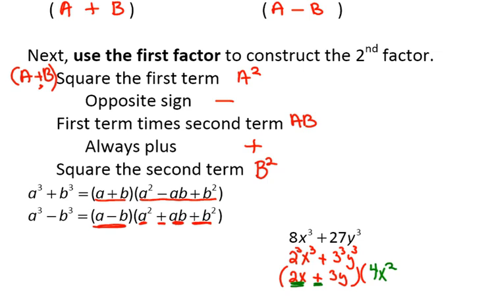Whatever this sign is, I'm going to use the opposite, so there's going to be a minus. Then I multiply 2x times 3y: 2 times 3 is 6, and then xy. My last sign is always a plus. Then I take 3y and square it: 3y times 3y is 9y squared. And so that would be my factored form of 8x cubed plus 27y cubed.